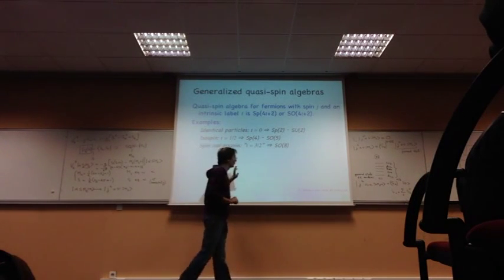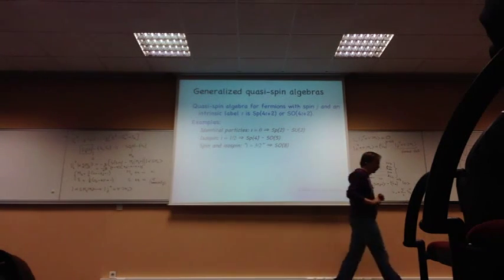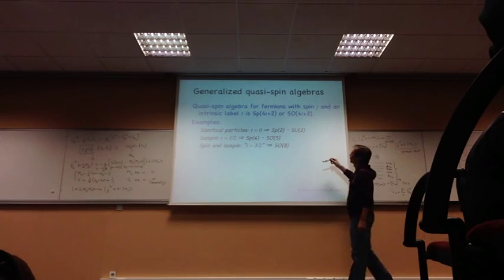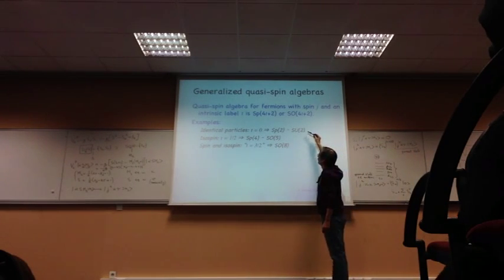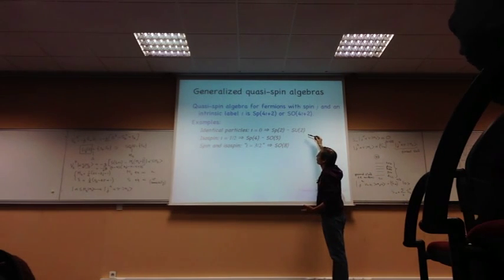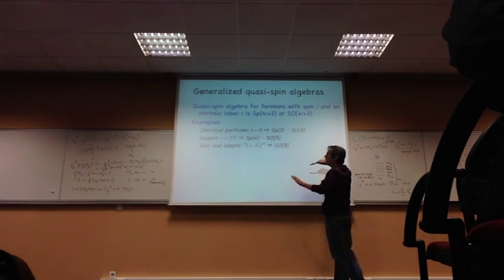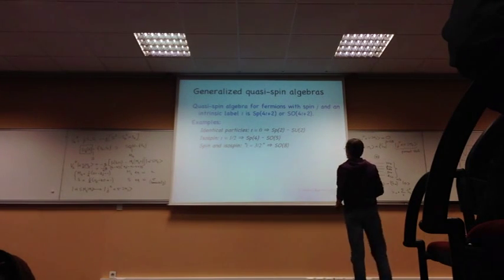But this is, let's say, the power of quasi-spin. It actually becomes more powerful if you go to neutrons and protons, and if you go to neutrons and protons with two types of pairing interaction.